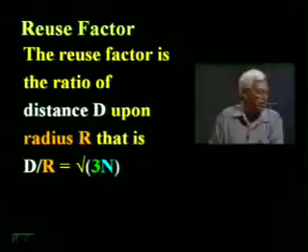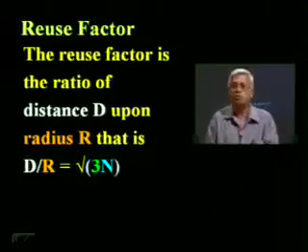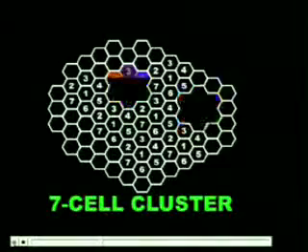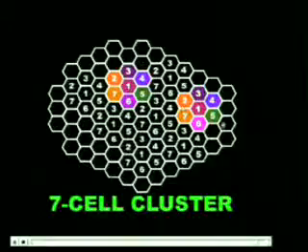And what is the reuse factor? The reuse factor is the ratio of distance D upon the radius R, that is D by R is equal to under root 3N. See here, this is the same 7 cell cluster, but amongst the big cell structure.